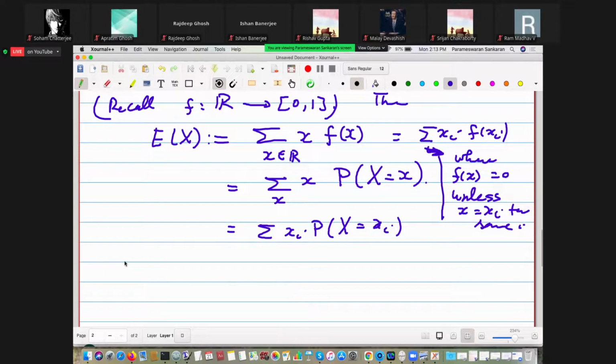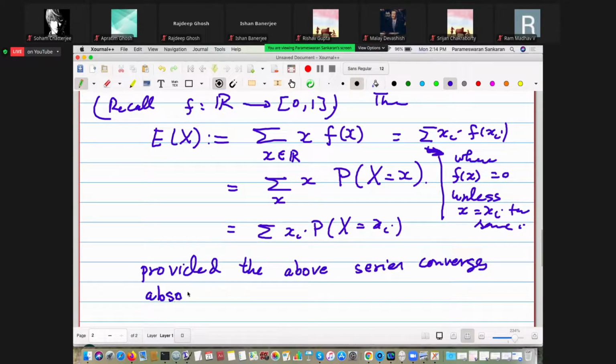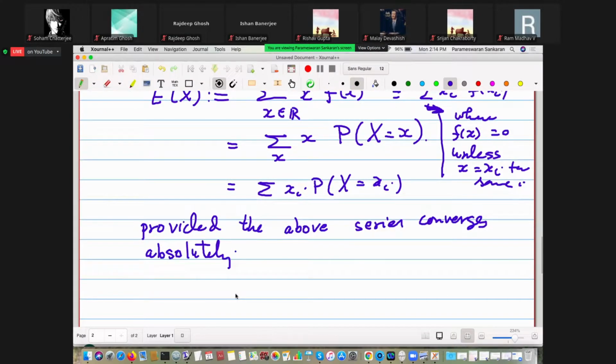I must make one small condition here: provided, because this time this is possibly infinite and x_i can take positive and negative values, provided the above series converges absolutely. Just because you have defined something doesn't mean it has to exist.